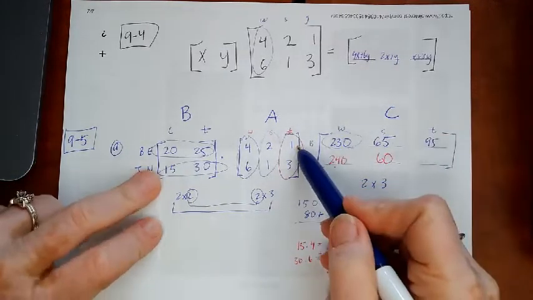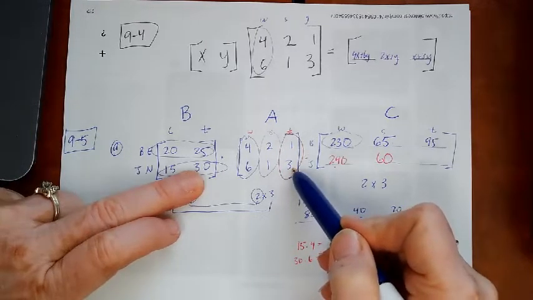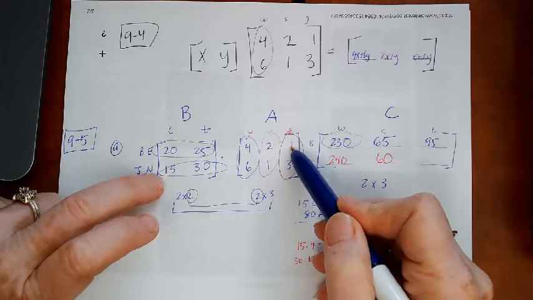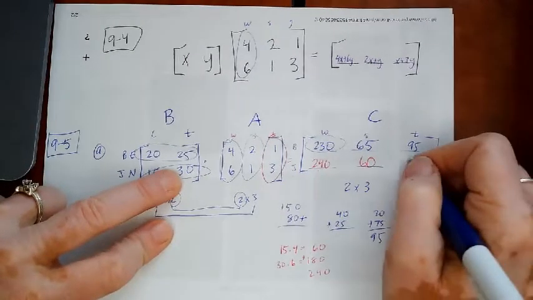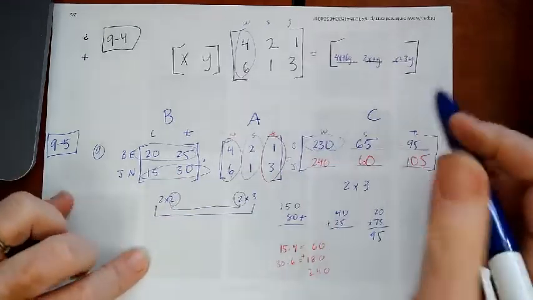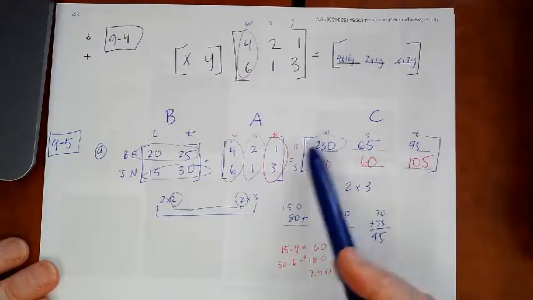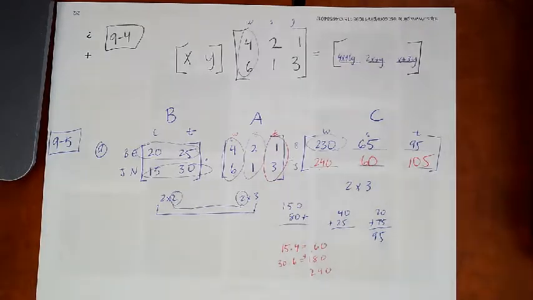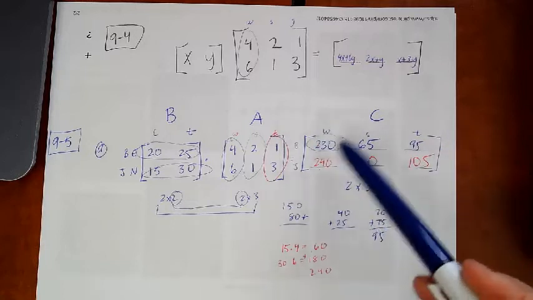Well, it's going to be 15 times 1 is 15. 30 times 3 is 90. So 15 plus 90. I think that's 105. So now I have a nice little matrix, and it displays how many wheels, seats, and gas tanks I need for each of the retailers.